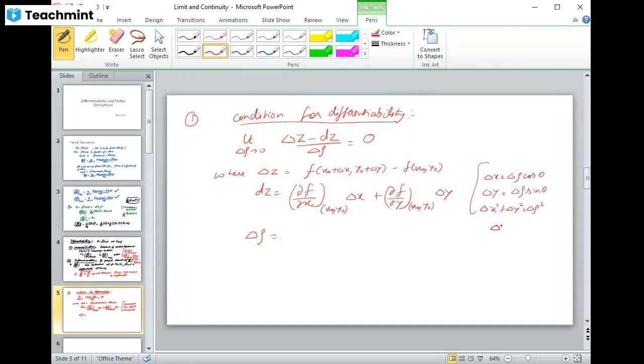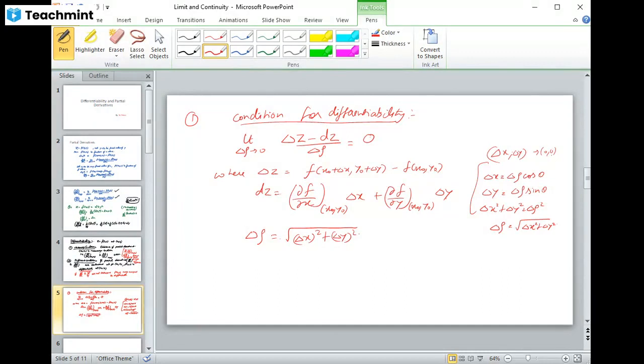So delta rho is basically the square root of delta x square plus delta y square. Because delta x and delta y are small increments, whenever we want to check the differentiability of the function, we apply the limit delta x and delta y approach 0, 0. That limit is now converted into the limit delta rho tends to 0.